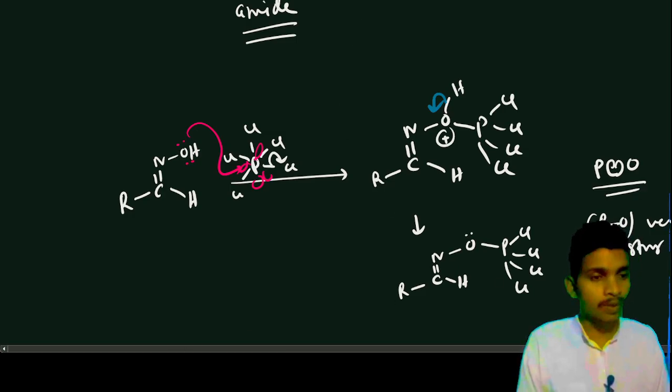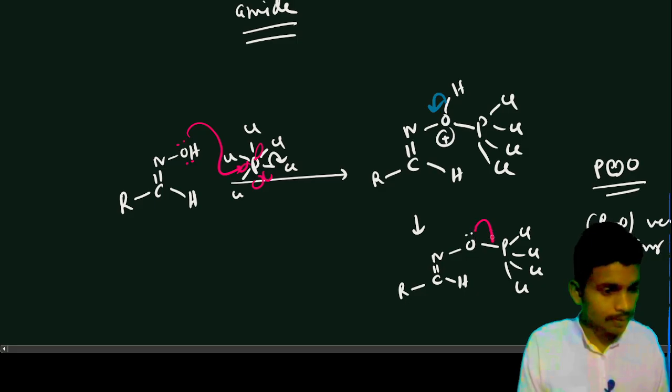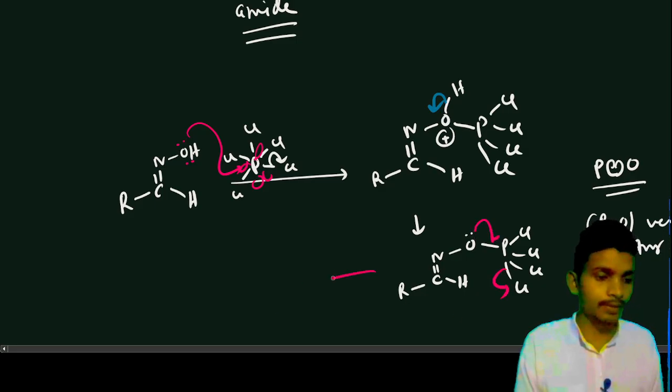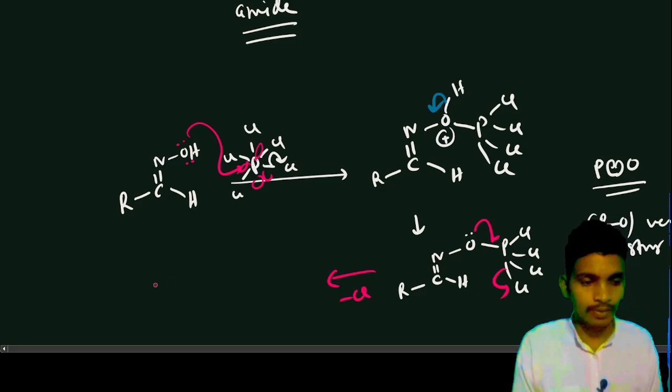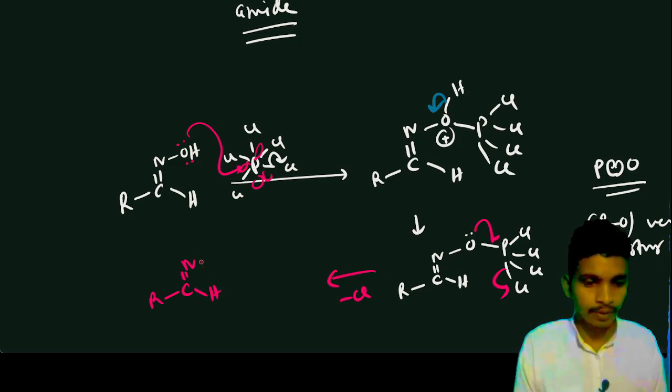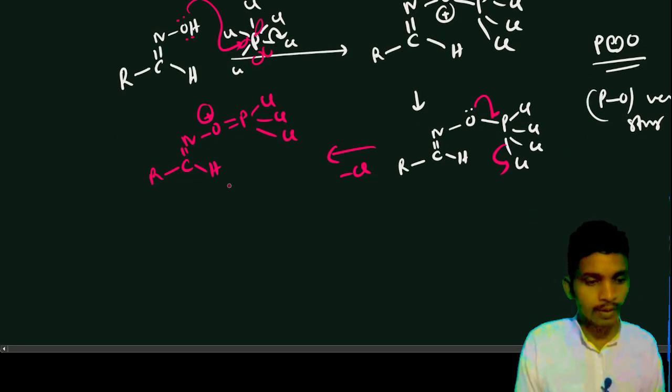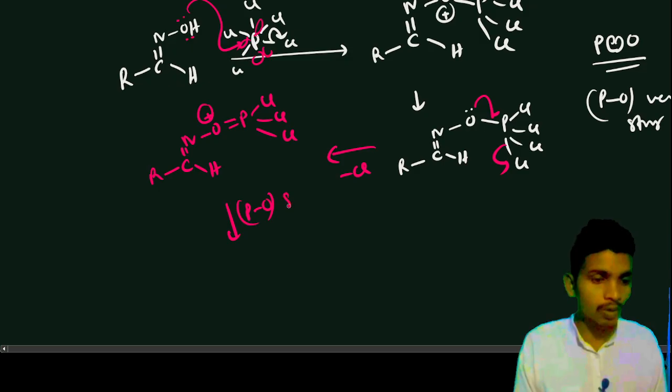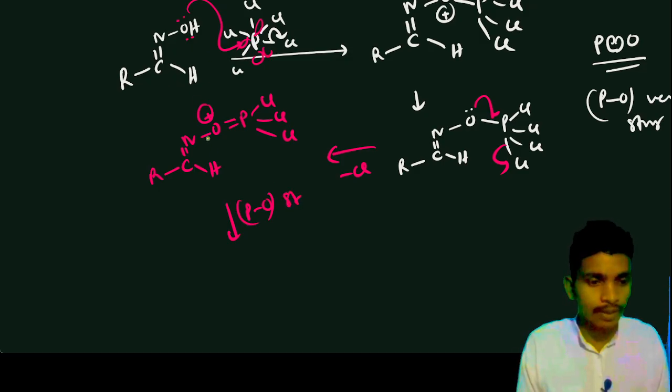So this will give here, and one chlorine will be released, minus Cl. What will we get? R–C double bond N and H, here O, this is the double bond to P, again with a positive charge, and here we have Cl, Cl, and Cl. Since the P–O bond is strong, this will be released here.